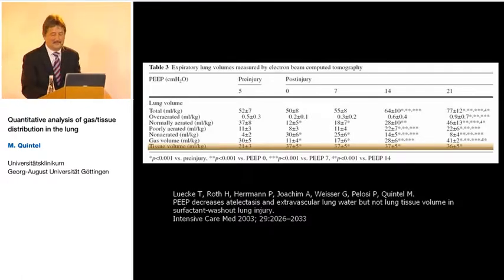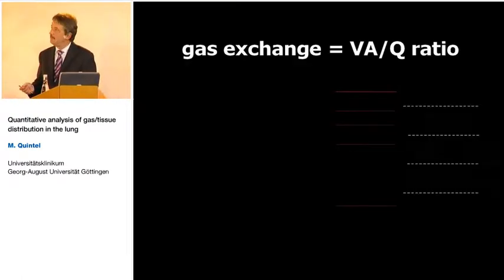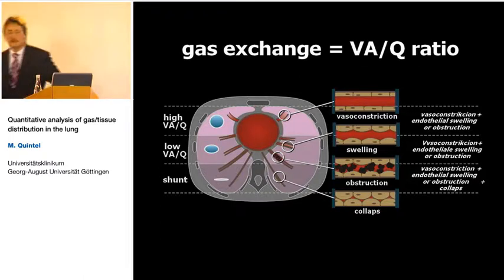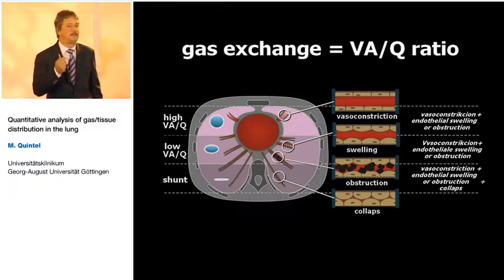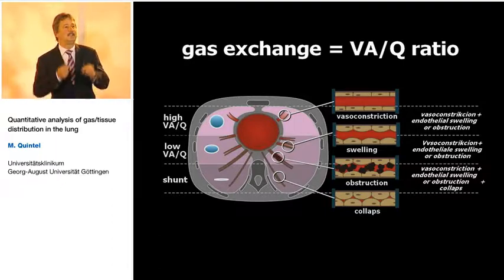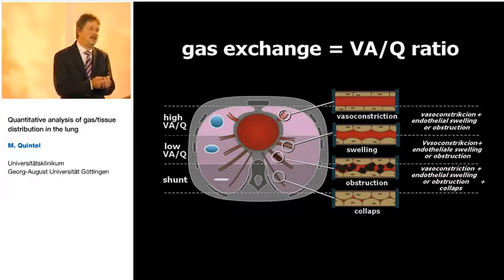Luciano has shown this markedly and nicely in one slide before, because in these regions you have no perfusion. And where you have no perfusion, an indicator technique which is perfusion dependent will not work.